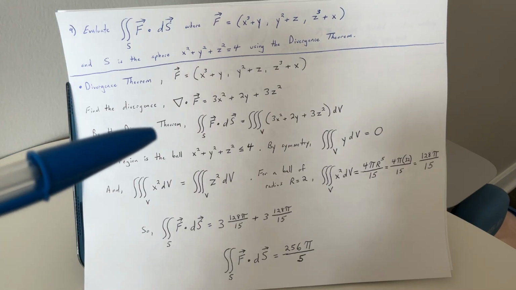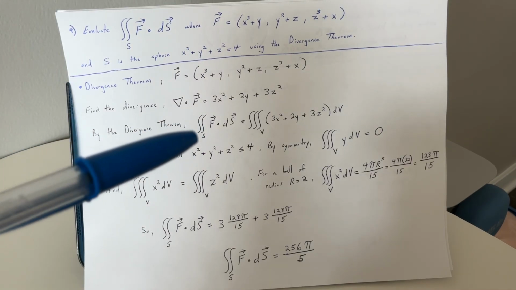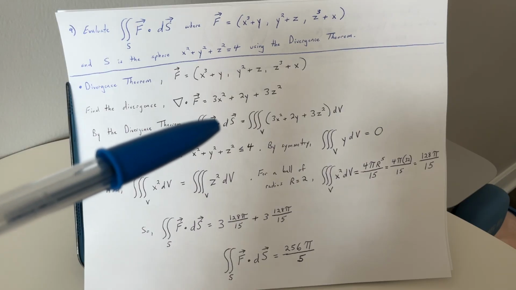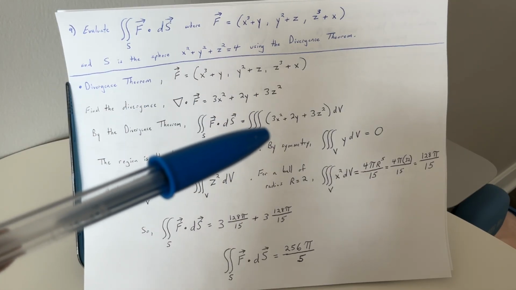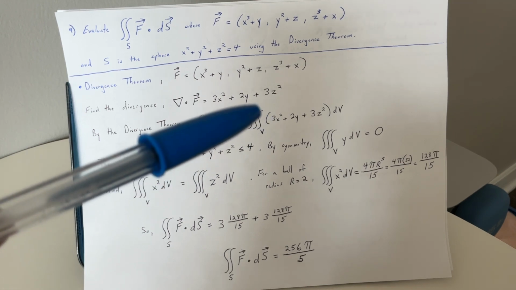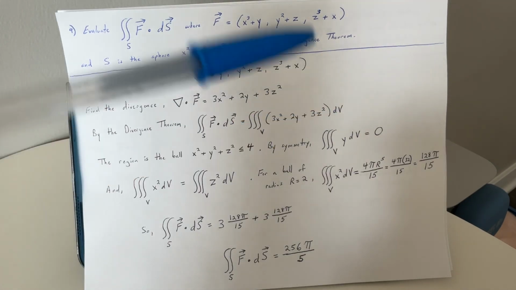And by the divergence theorem, this double integral along S of F dot dS is going to equal the triple integral over V of 3x squared plus 2y plus 3z squared dV.